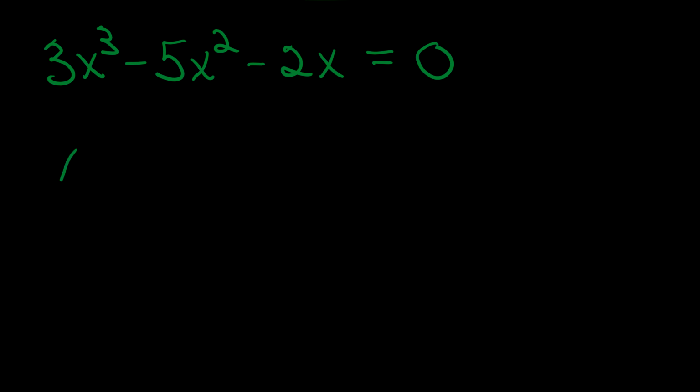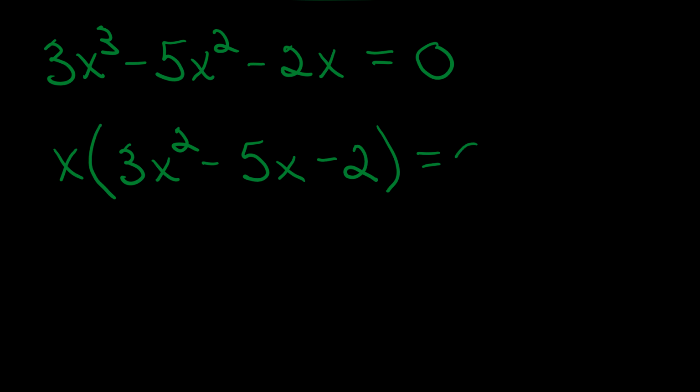So I'm going to bring the x out front and then divide back what's left over. When I divide back what's left over, I'm going to have 3x squared minus 5x minus 2, all equal to 0.